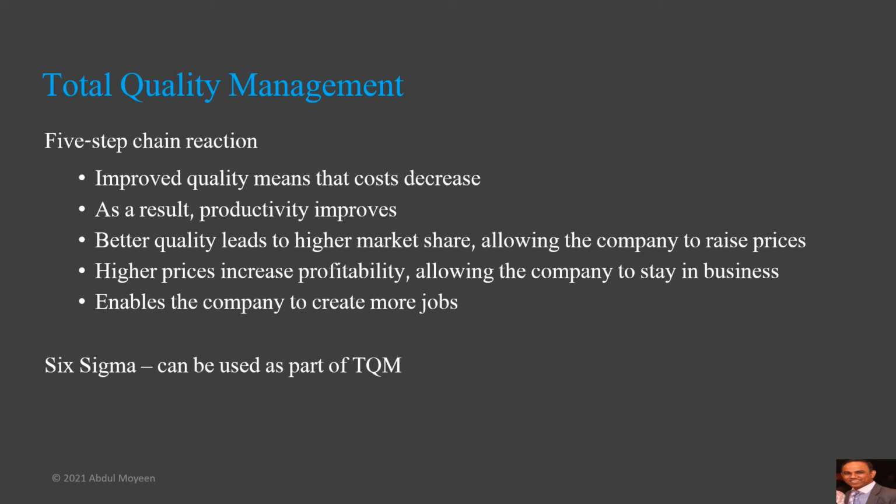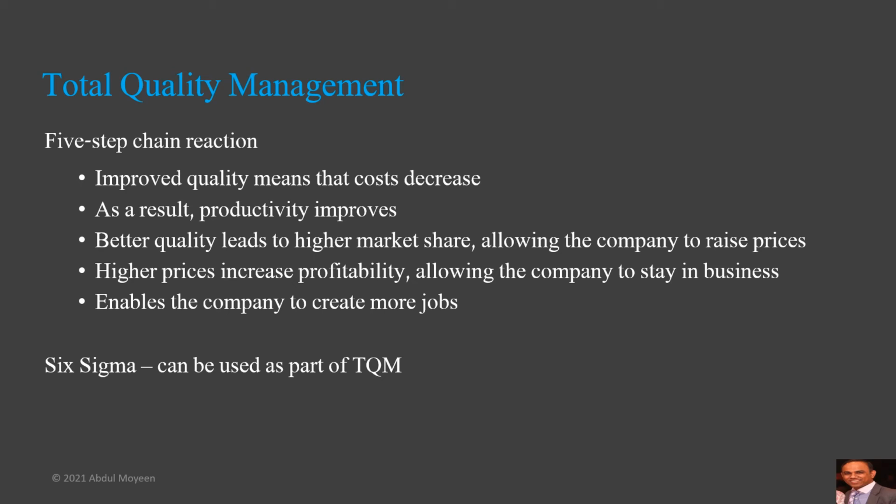The next step, step number 3, better quality leads to higher market share and allows the company to raise prices. Step number 4, higher prices increase the company's profitability and allow it to stay in business. And step number 5, thus the company creates more jobs.